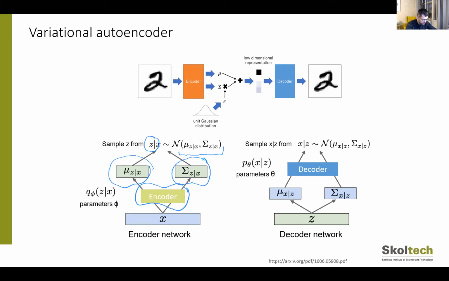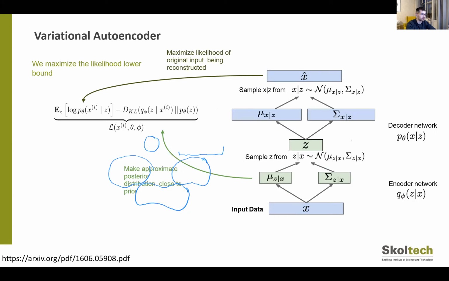Then, using a decoder, we apply the Z to the decoder and get the reconstruction. What's good about this approach? Why is everyone so excited about it? We have basically two terms here.